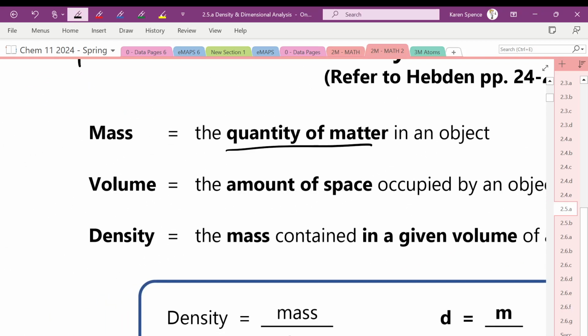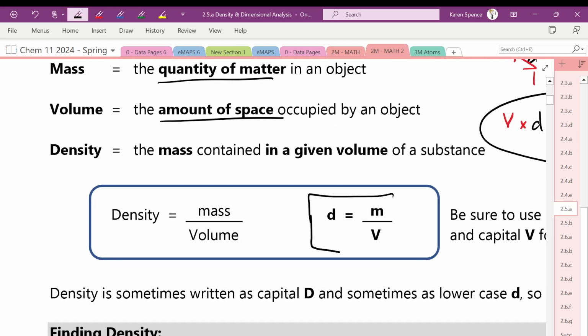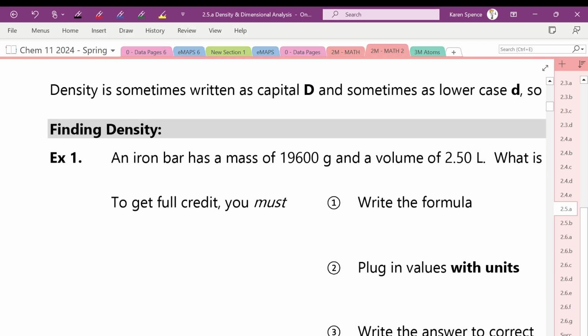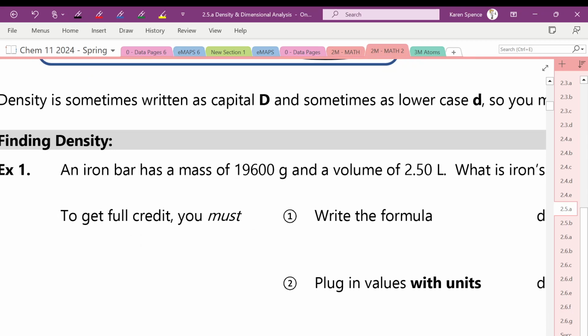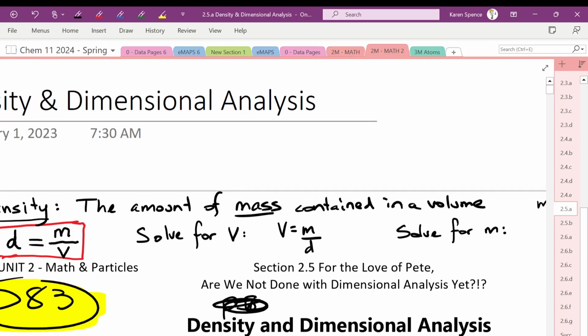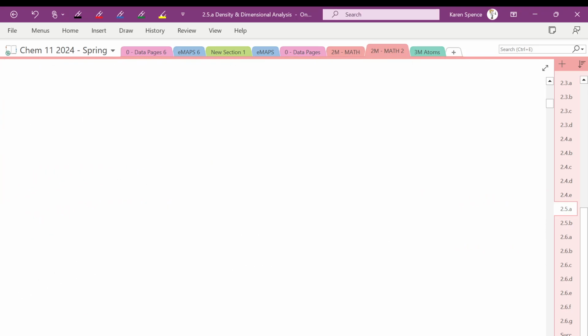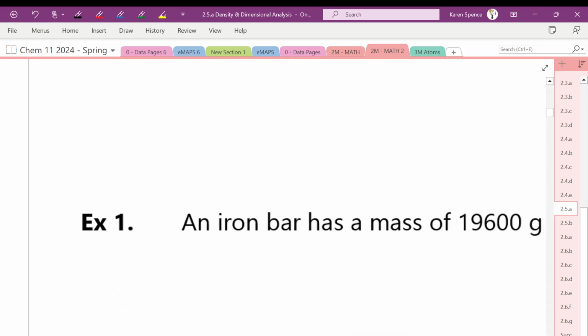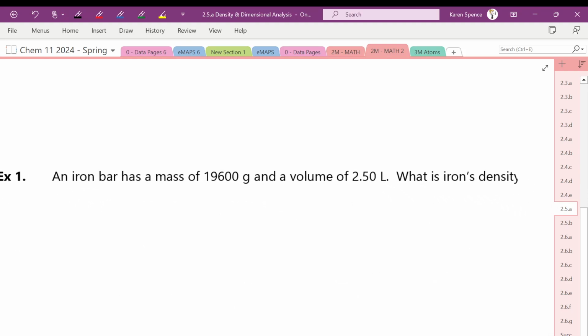Okay, mass, quantity of matter. Volume, the amount of space taken up. Density is the mass in a given volume. Here's our formula. And now we're going to do a question. This is on page 83. It's all worked out for you, but I'm going to do it from scratch.